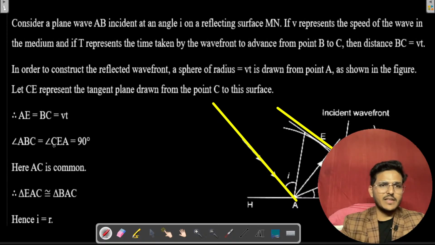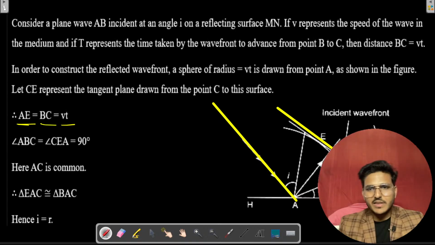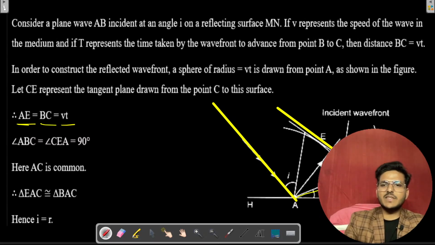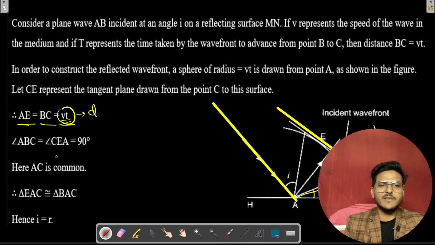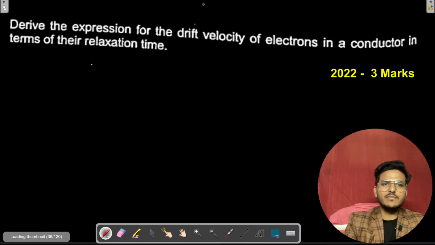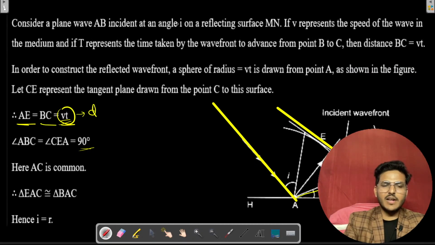Then AE equals BC equals vt, which is velocity into time, the distance. Now angle ABC equals angle CEA, that is 90 degrees. AC is common, so that i equals r.